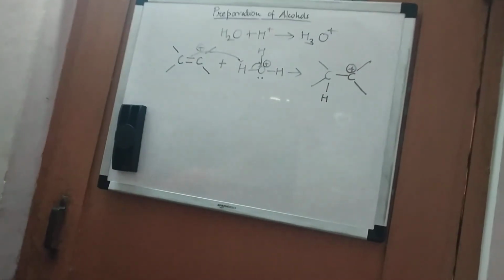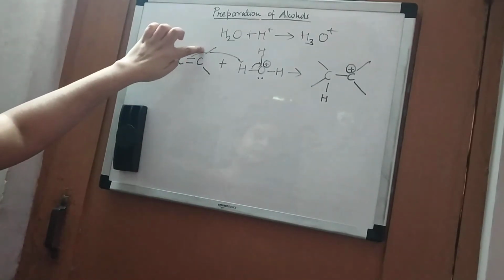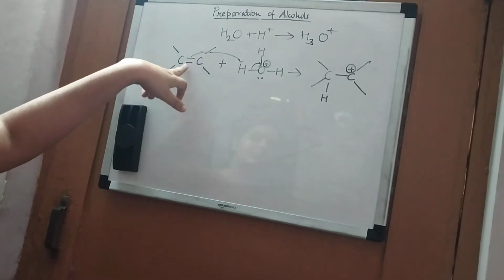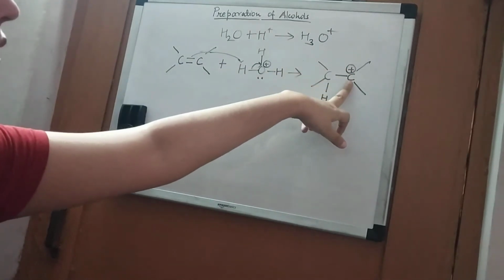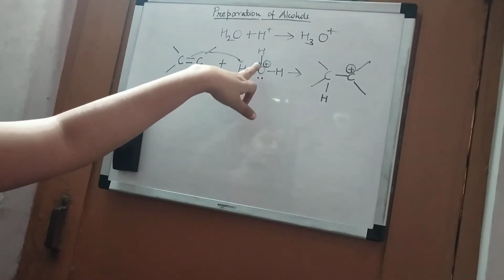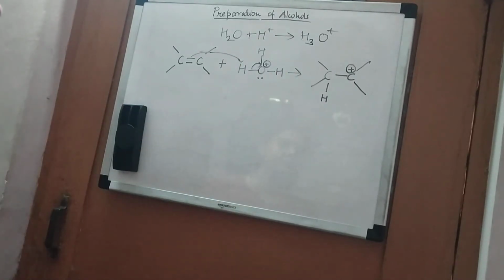So you will get a hydrogen atom attached to this, and here a positive sign comes, and this hydrogen ion leaves from the H3O plus. So this is the first step, right?